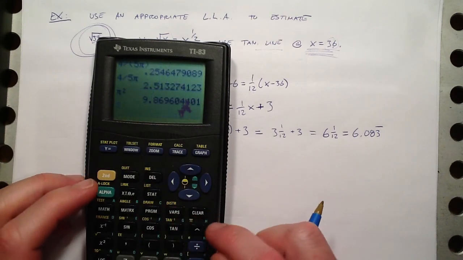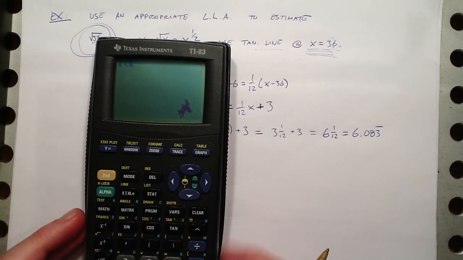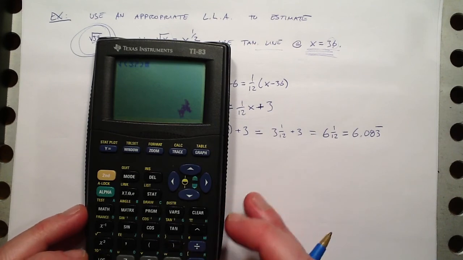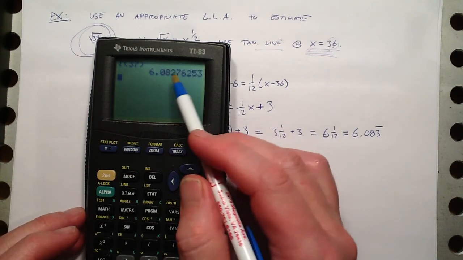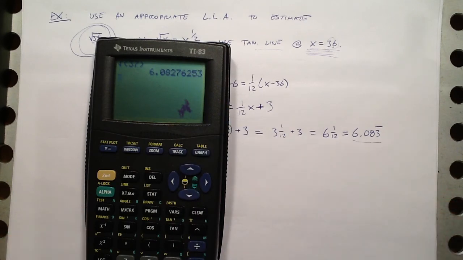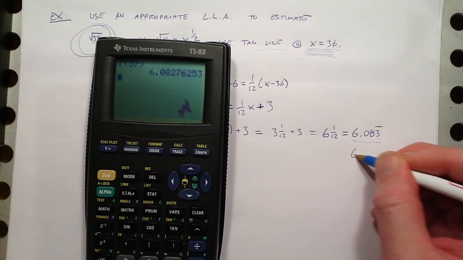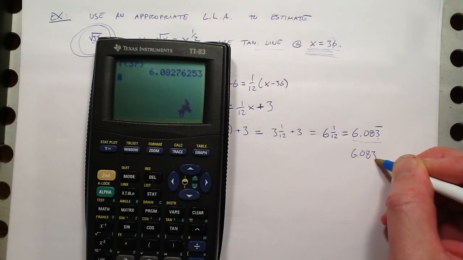So let's see, the square root of 37 is 6.0827, and we got 6.083 repeating. Not too shabby. It would actually be correct to the College Board's 3 decimal places, right?